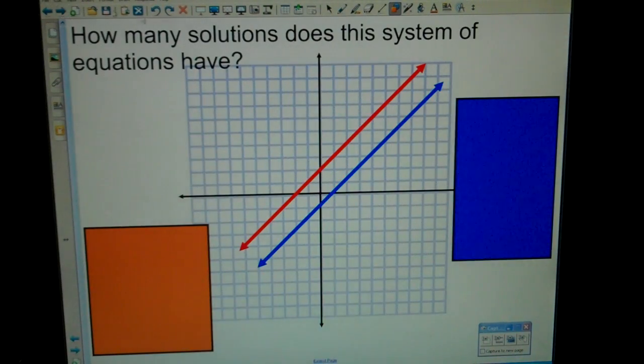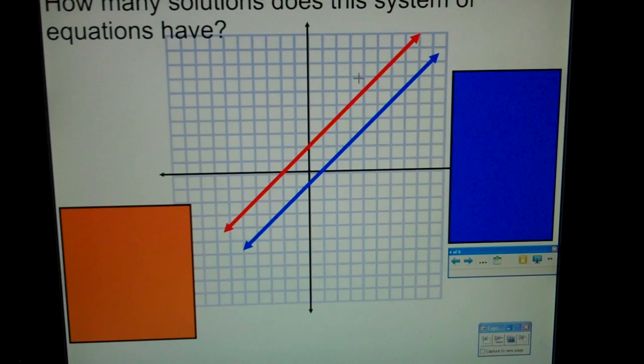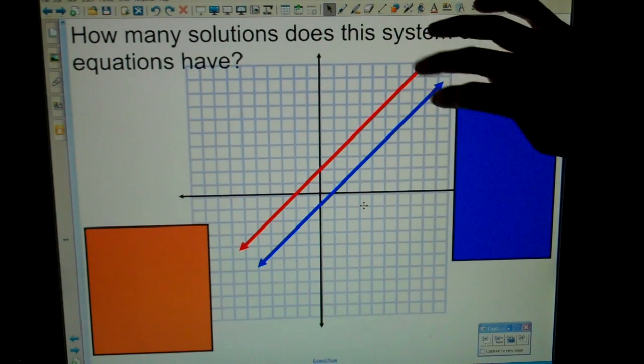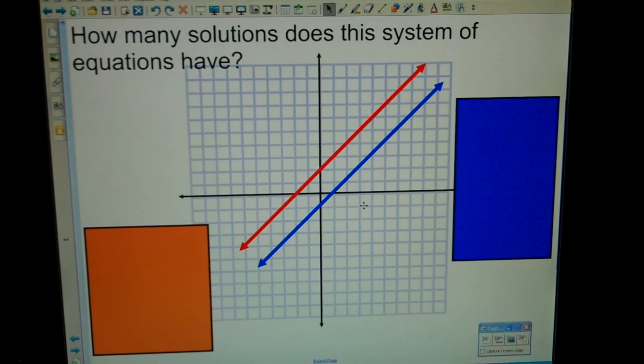Alright, here we go. Now we have our special cases. We got a couple of those. How many solutions does this system of equations have? Well, it's a system. I got two lines. They're both linear, so it's a linear system of equations. How many times do these two lines hit each other?